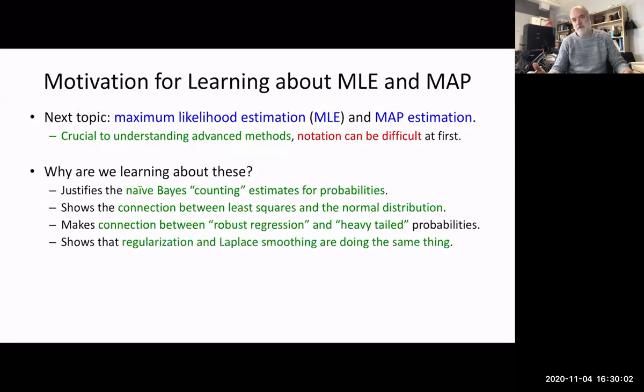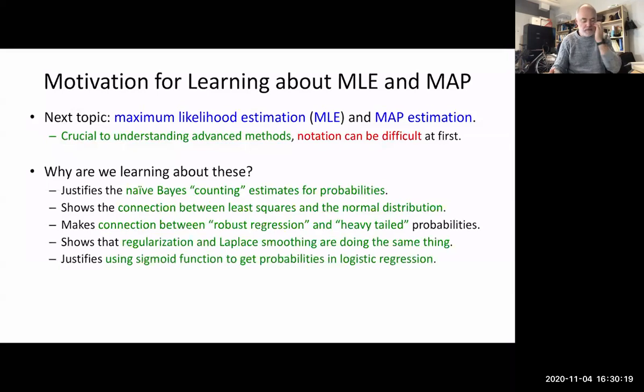When we did regularization, like adding one, MAP stands for maximum a posteriori. When we talked about Laplace smoothing, basically adding a 1 to the denominator, that's actually a form of regularization for maximum likelihood in Bernoulli likelihood models.